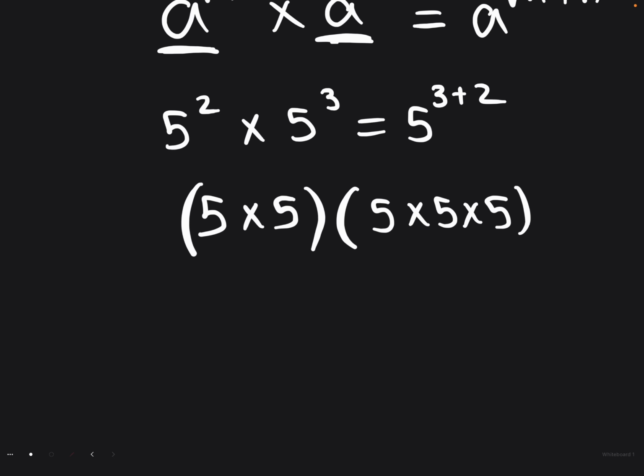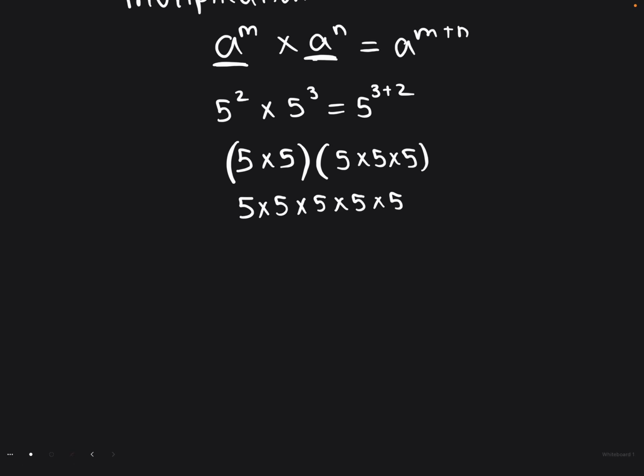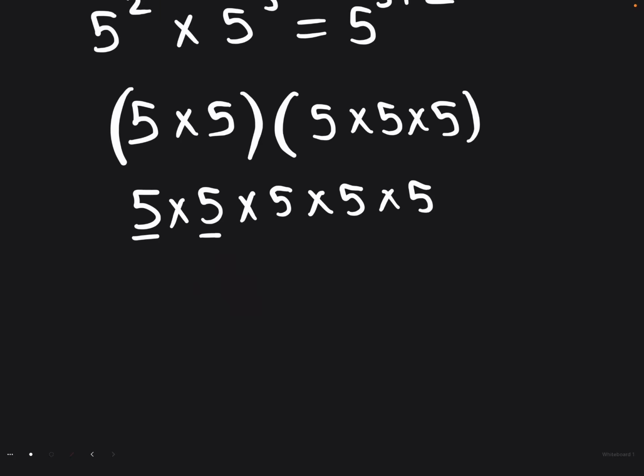So when you write this out, it becomes 5 into 5, 5 into 5 into 5. When you count this out, 1, 2, 3, 4, and 5, this makes 5 fives.